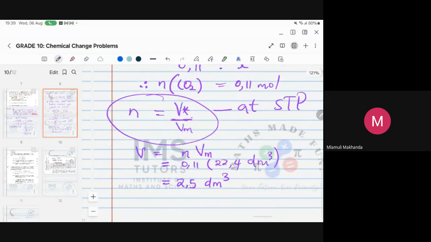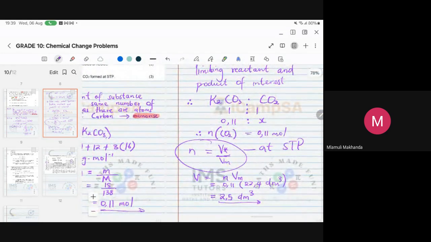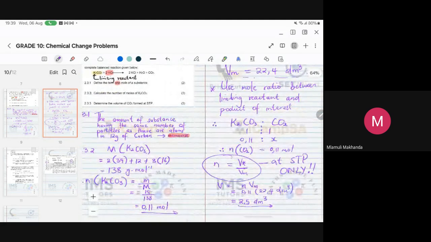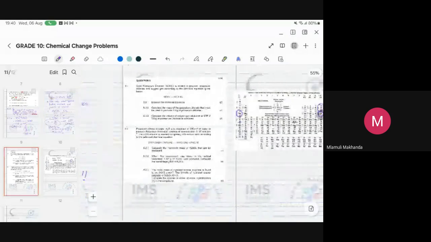So not just any gas, it's the volume that 0.11 moles of the gas would occupy at STP. That's what it means. Good.